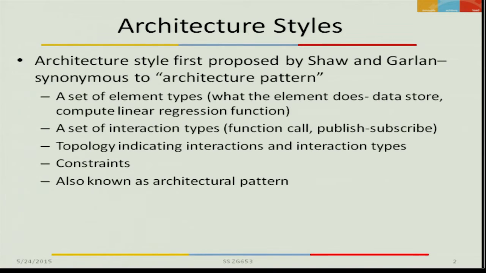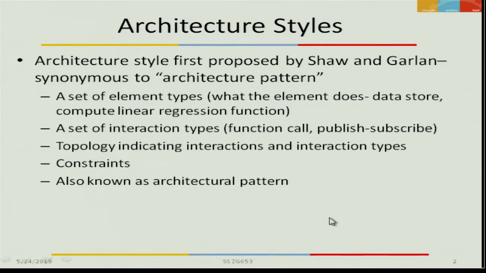Then there is something called topology that indicates the interactions and interaction types. Topology is nothing but the way these elements are connected with each other. These elements have their types, and these interactions have their types, so the whole graph is essentially the topology. Then you have to add something called constraints that describe what is allowed and what is not allowed.